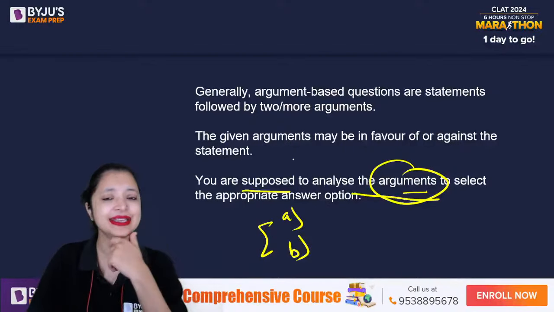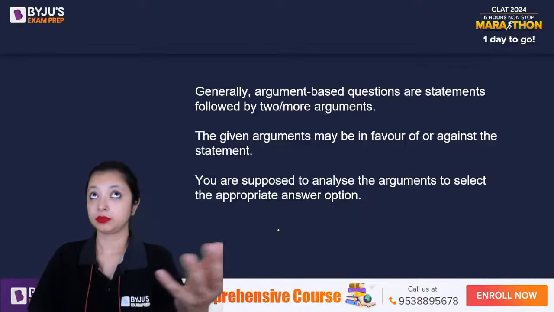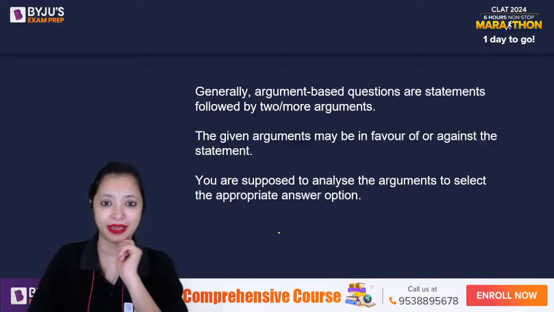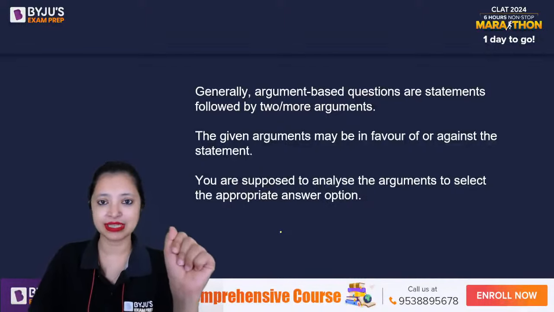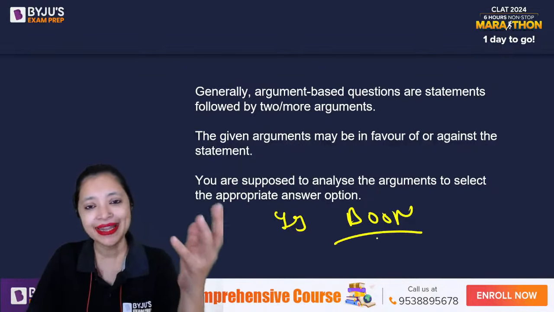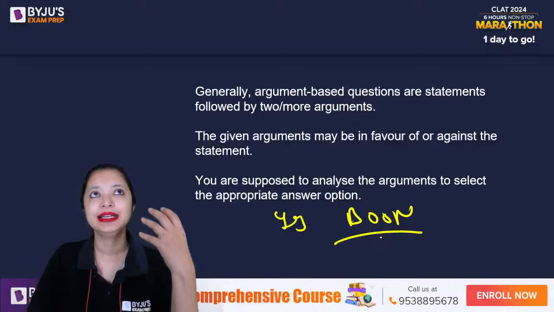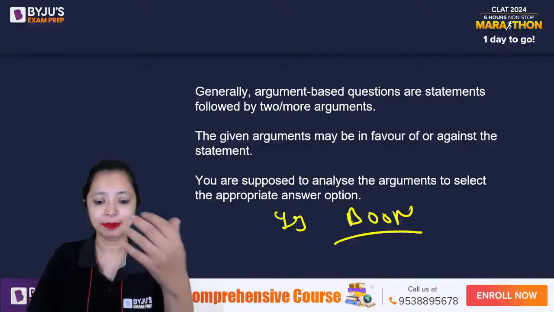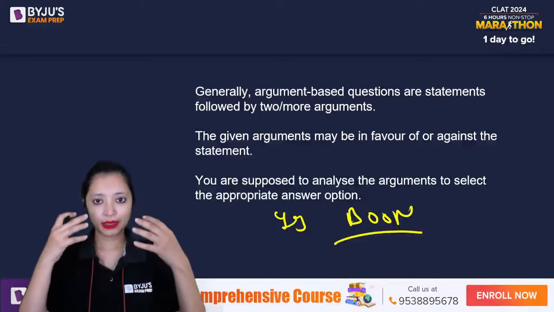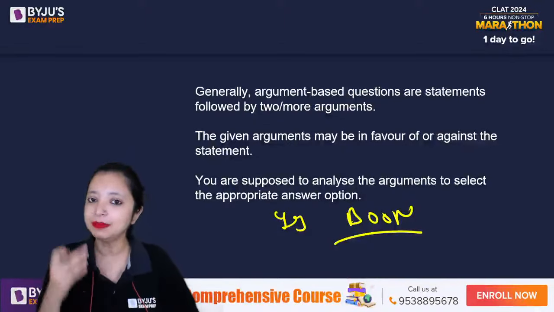So, for example, if you have a debatable topic like technology, internet is a boon or a bane. So one person would say, yes, internet is a boon because internet helps students study better. For example, I'm in Bengaluru, you are in Delhi. If you want to study from me, it's internet that's making it possible.